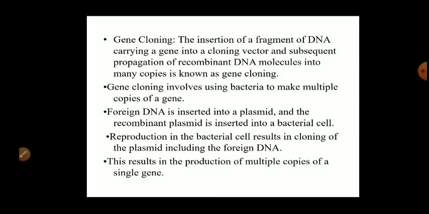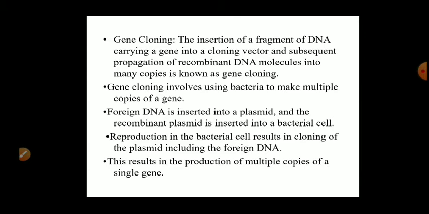Using bacteria to make multiple copies of a gene is the most widely used process. The PCR technique can also be used for producing multiple copies of a gene, but we use PCR for different purposes. Here in gene cloning, we are studying how to produce multiple copies of a gene using a cloning organism.